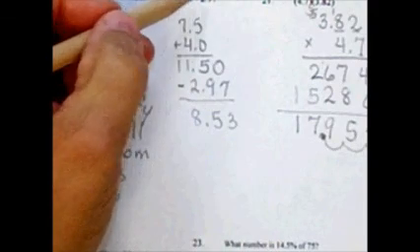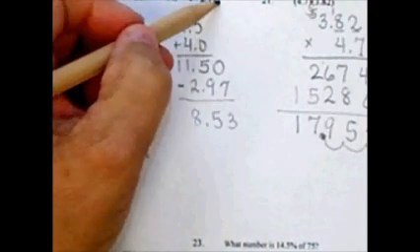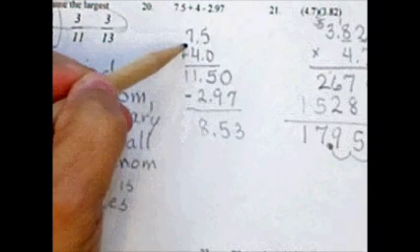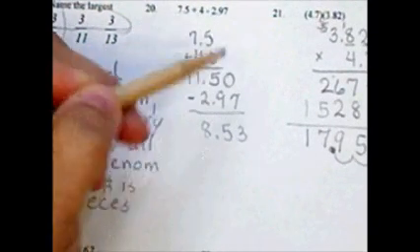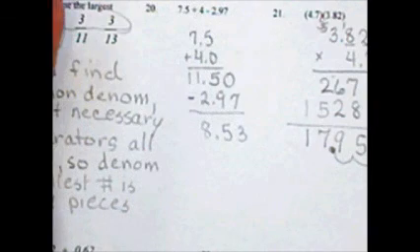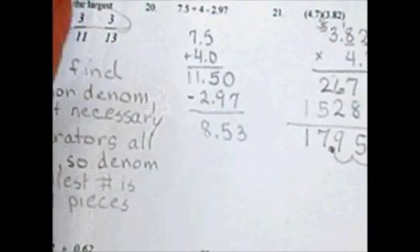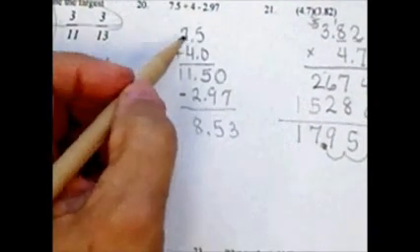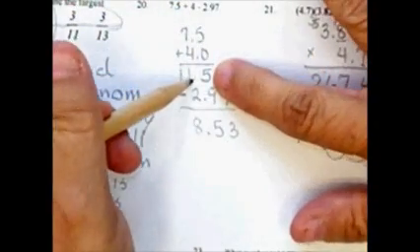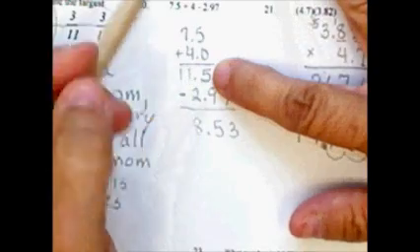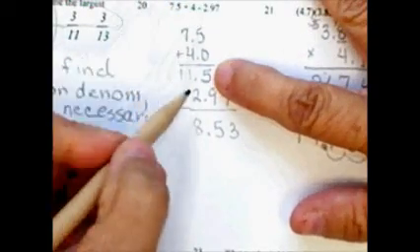Okay, now the next one is 7.5 plus 4 minus 2.97. So the first thing we're going to do, 4 is the same thing as 4.0. So we always line up our decimal points when we're doing addition, subtraction with decimals. So then I add and I get 11.5. Now from that I'm going to subtract 2.97.